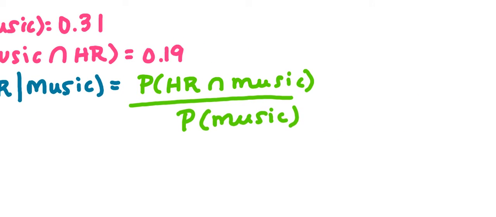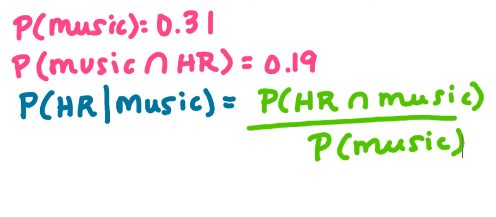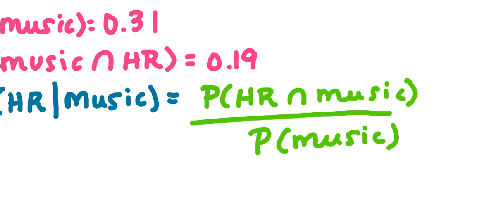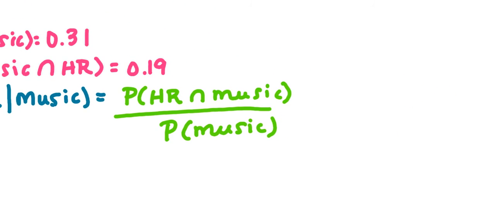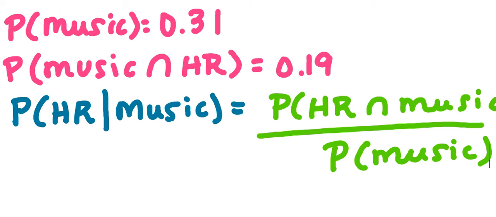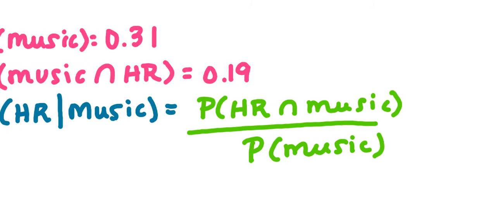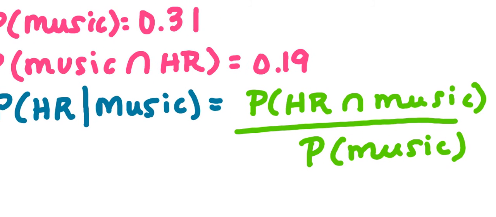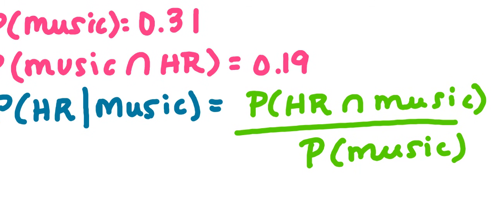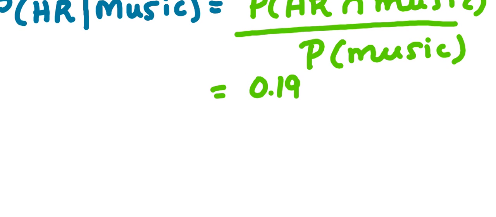I'm trying to get it all in my screen and it's not being very helpful for you, is it? So my final answer down here is going to be 0.19 divided by 0.31.